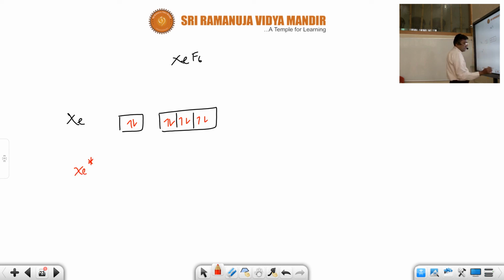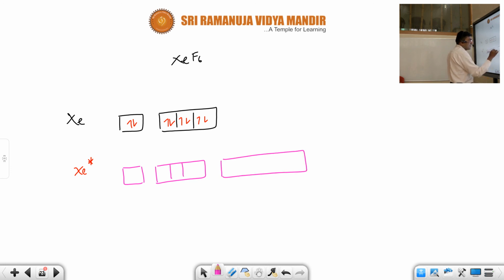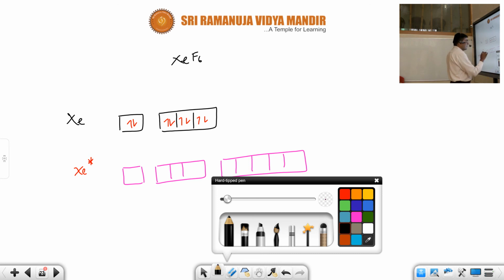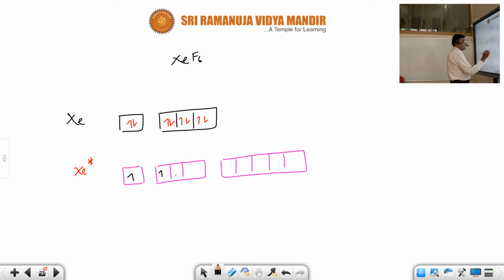Xenon star, if you take here, it comes out to be... now excite the electrons. Now these 3 electrons, if you excite, it is sufficient. So it is having sp3 d3 hybridization.